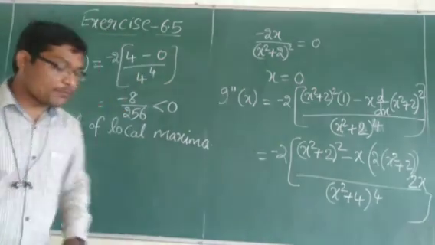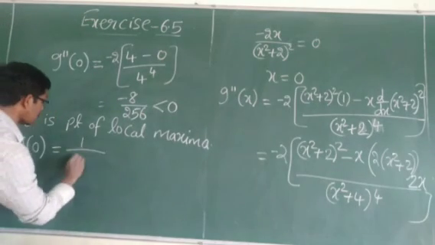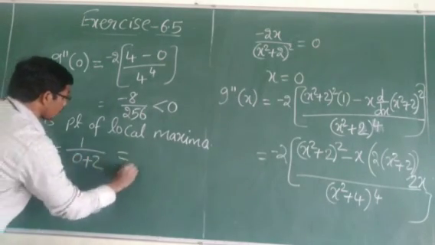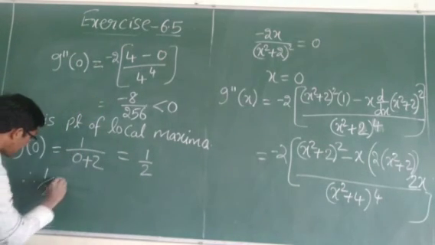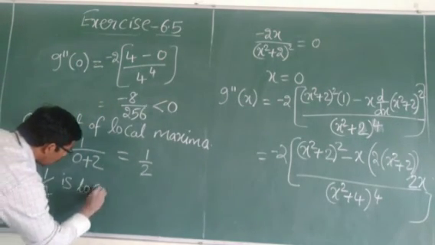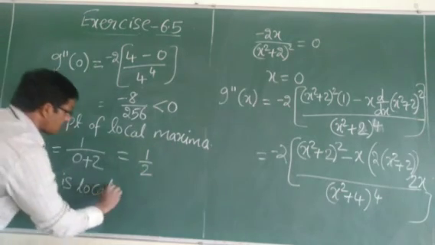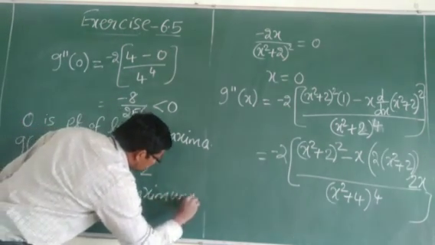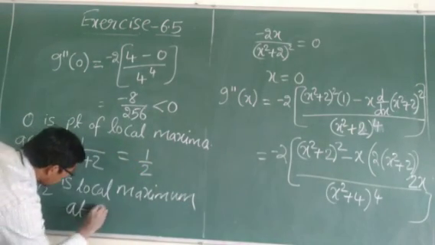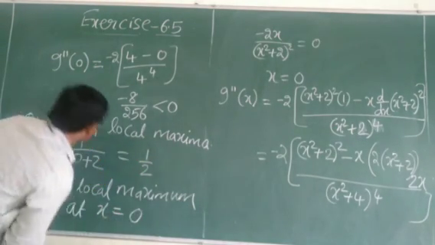That is 1 by 0 plus 2, which is equal to 1 by 2. Therefore, 1 by 2 is the local maximum. 1 by 2 is the local maximum at x equal to 0.